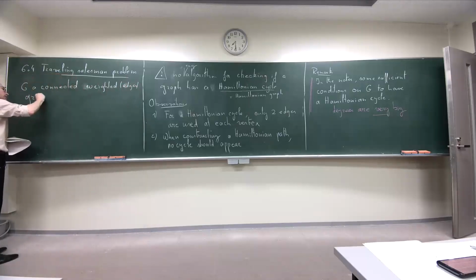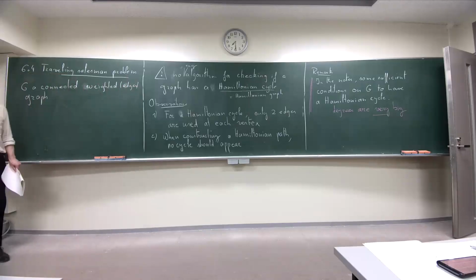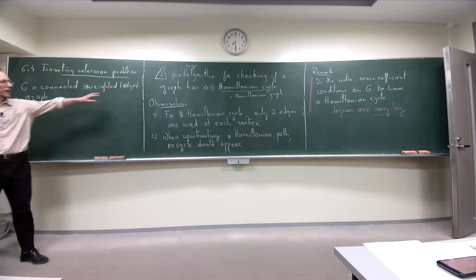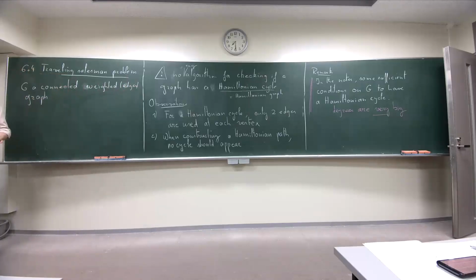Remember, we have different solutions for putting a weight. In this, we only put a weight on edges, not on vertices. You could also put weight on vertices, but what is considered here is the weight on edges. So we consider a connected, weighted, finite graph.